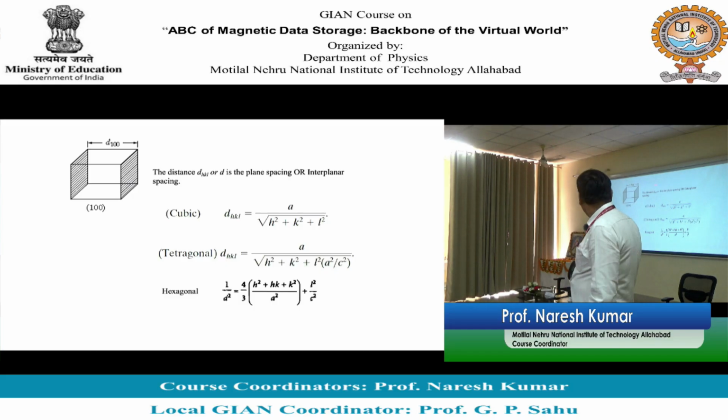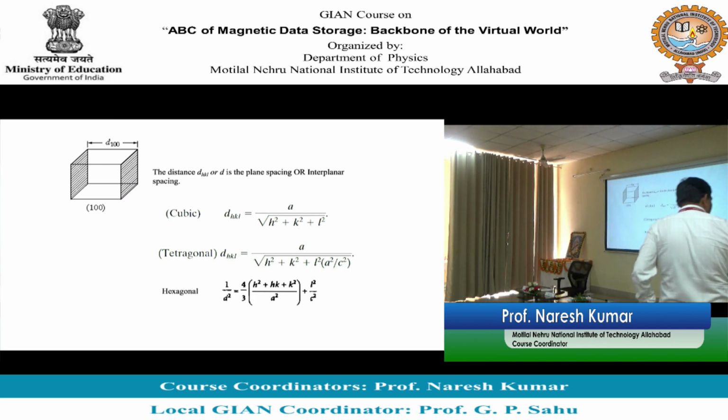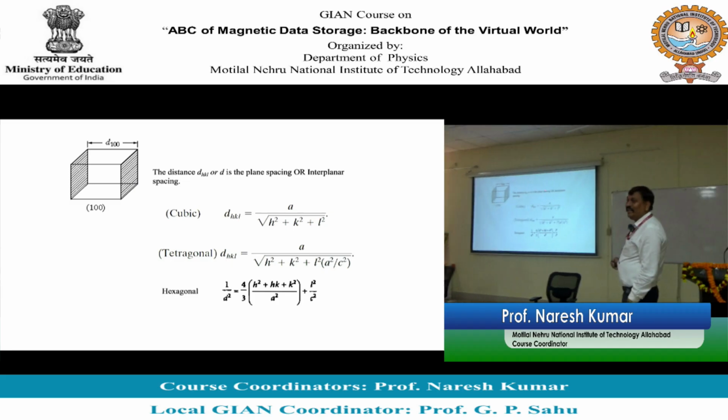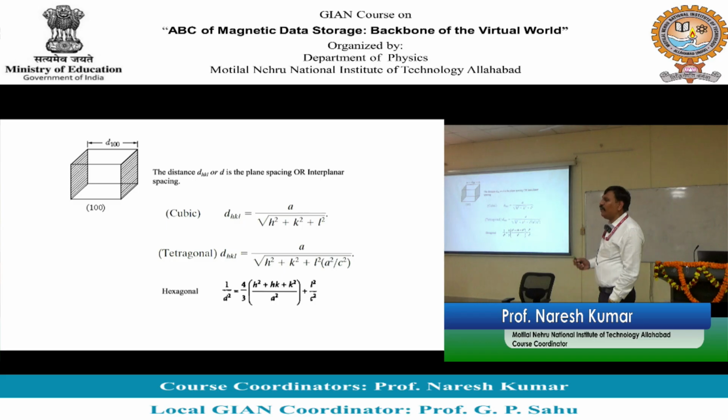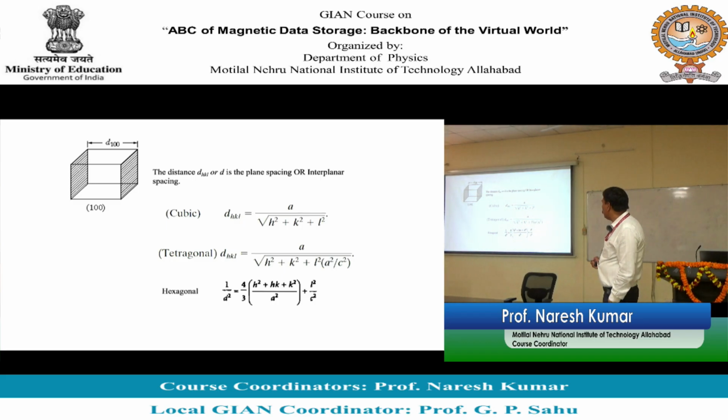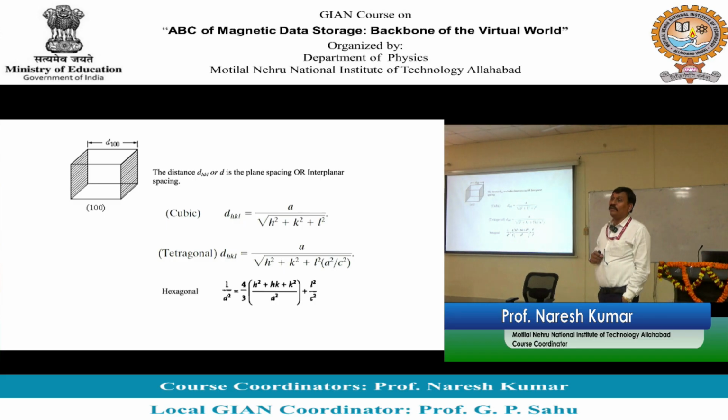The issue is, if you want to find A, you must know D, but to get D, you must know which HKL you are talking about. So we will combine all these things, okay? So this particular relation will help me in estimating a very fundamental property of any crystalline material, which is my lattice parameter, and I call it A.